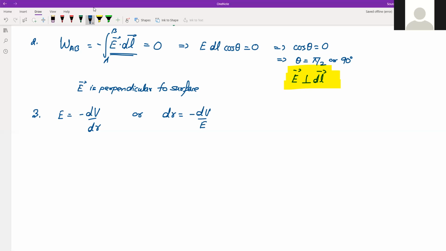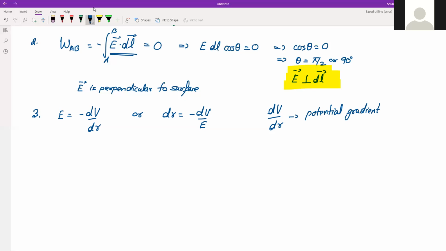This dV by dr is called the potential gradient. Gradient represents slope or change. So dV by dr is called potential gradient, and negative potential gradient is nothing but the electric field. And dr, as we have seen, we can rewrite as minus dV by E.